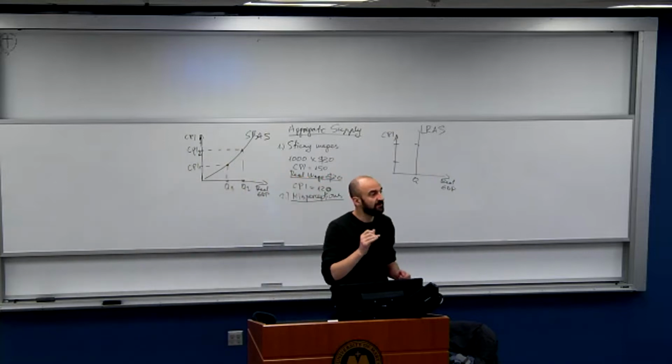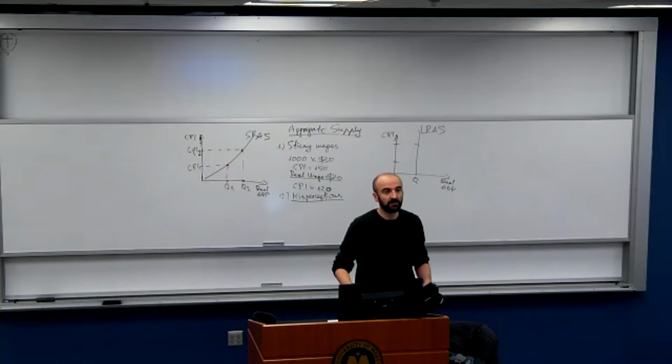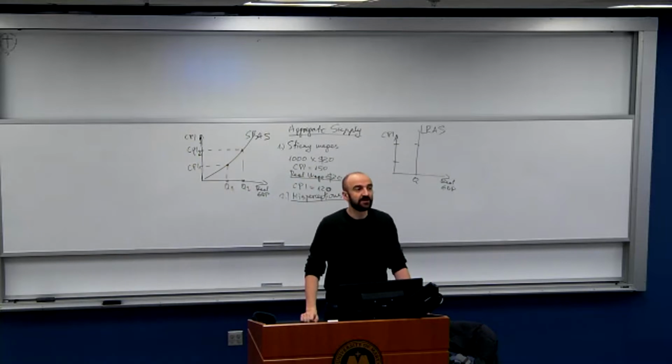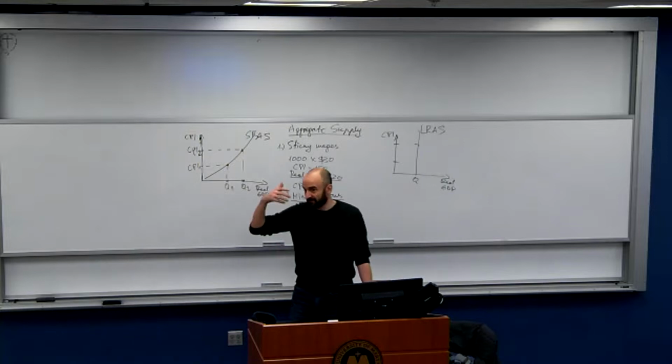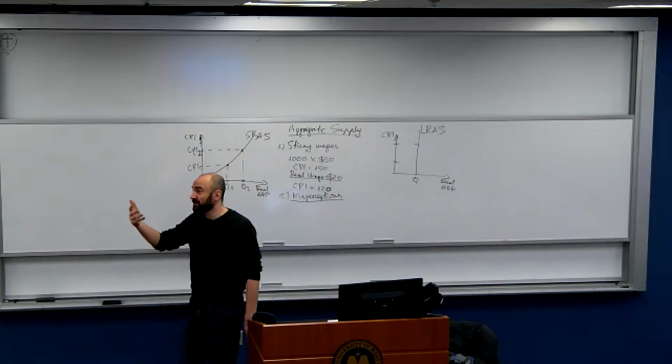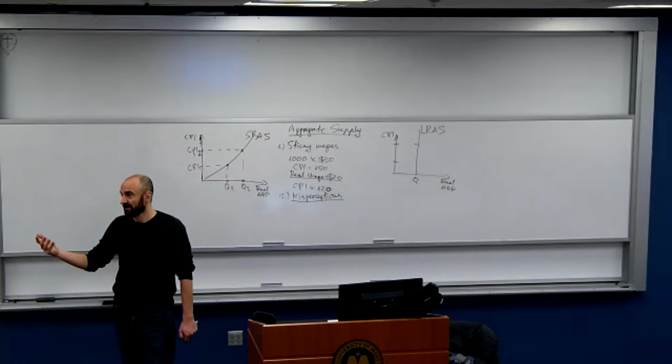If they misperceive this relationship, if people think their wages are increasing faster than the price level, which can happen very often, then they will be under an illusion that their real wages are higher than they are.